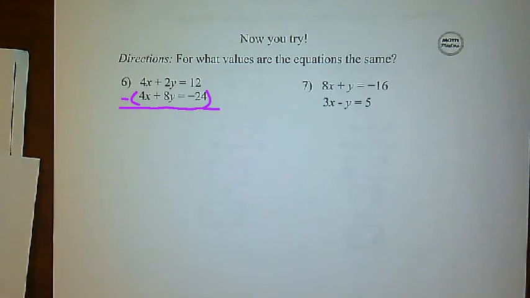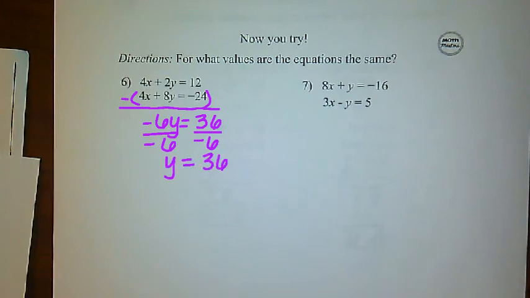So 4x minus 4x, that cancels out. 2y minus 8y is negative 6y. 12 minus a negative 24 changes it to addition, so I would get 36. Divide both sides by -6, so y equals -6.